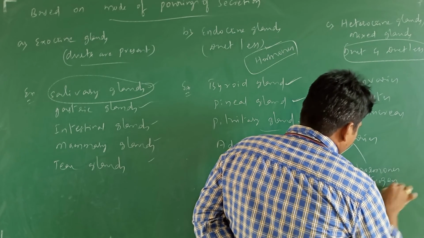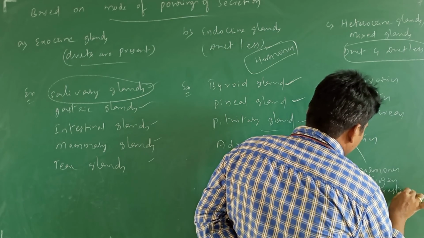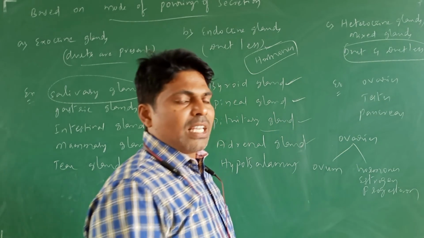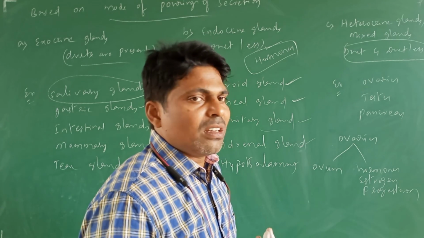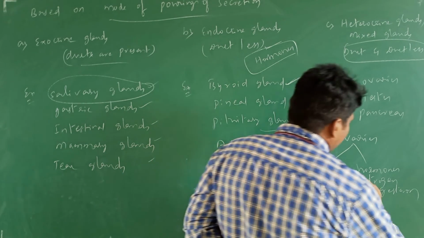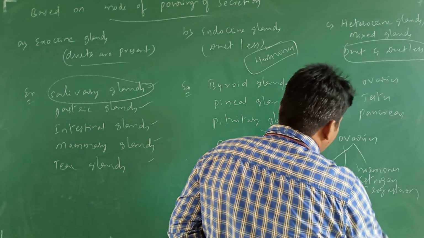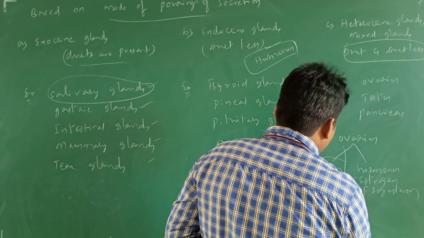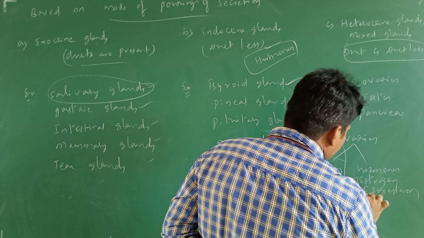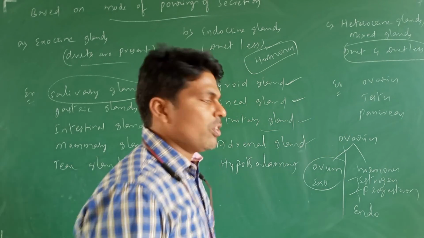Estrogen and progesterone are responsible for various functions, such as secondary sexual characters, development of the breast, and many other secondary sexual characters in females. The part producing the ovum is the exocrine part, and the part producing hormones is the endocrine part. Do you understand what I am saying?